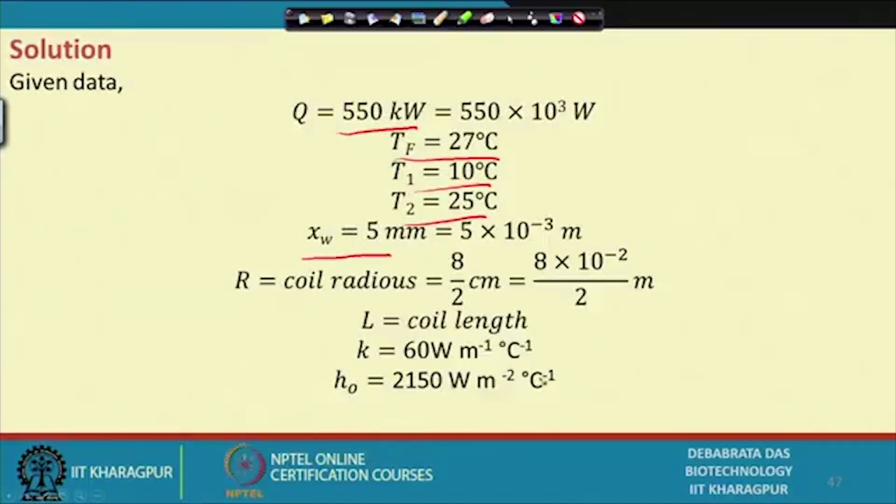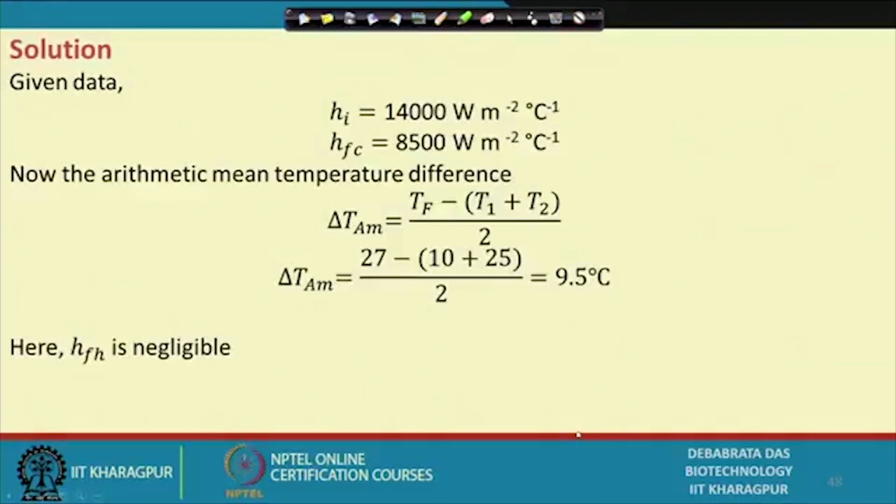So, we converted everything into SI units, and then we find h_i and h_ic, also given in this problem. First we shall have to find out the arithmetic mean temperature difference, because we want to maintain a particular temperature.